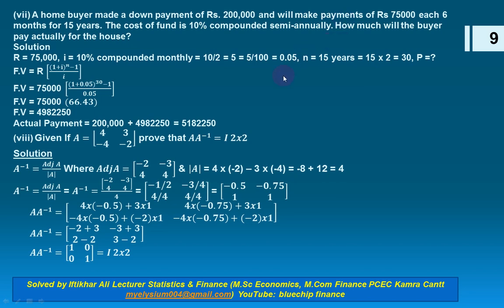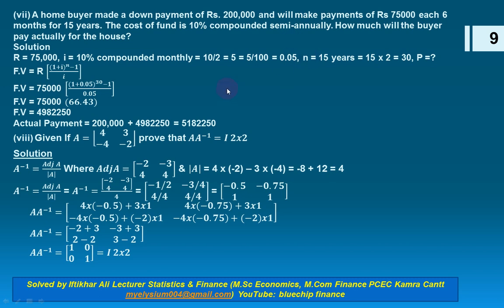After that, the second important thing is to assess whether it is the case of ordinary annuity or annuity due. If payments are made at the start of the period, it will surely be a case of annuity due. But if payments are made at the end of each time period, then the case will be ordinary annuity.